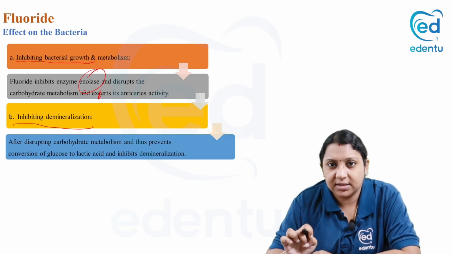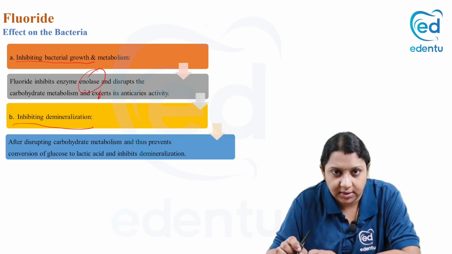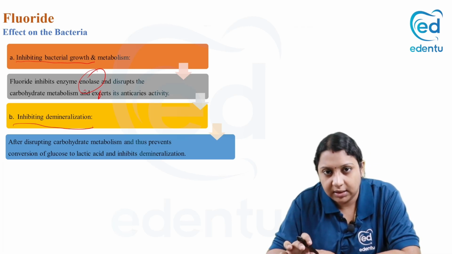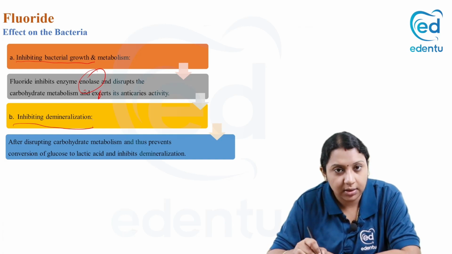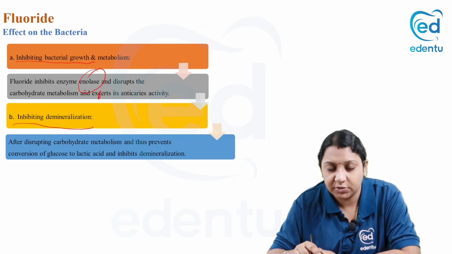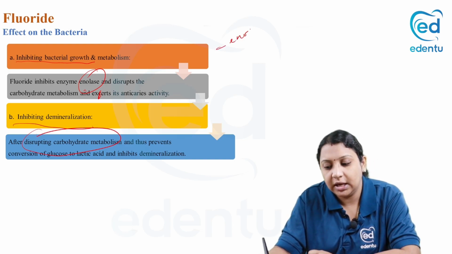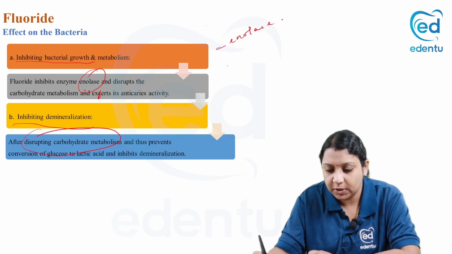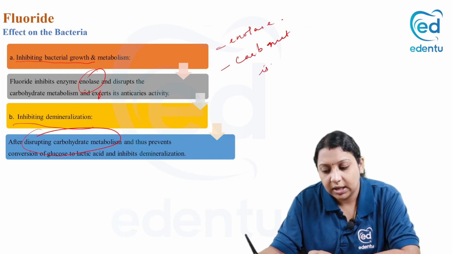The two other minor acids that are produced are butyric acid and propionic acid. So it is the lactic acid which causes demineralization of the tooth. So it can inhibit the demineralization by disrupting this carbohydrate metabolism. So first the enolase enzyme is inhibited, then carbohydrate metabolism is also inhibited.